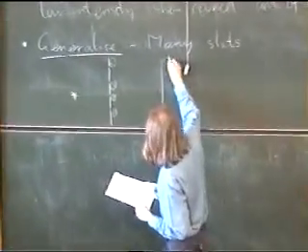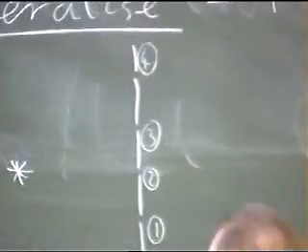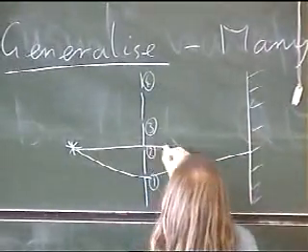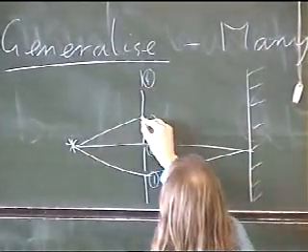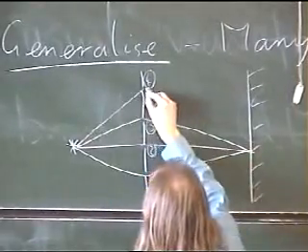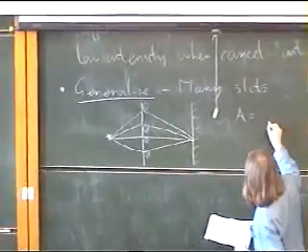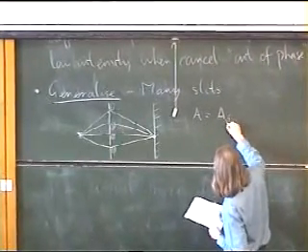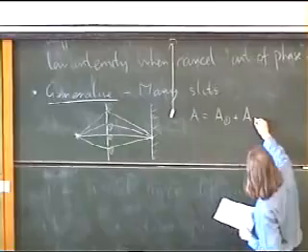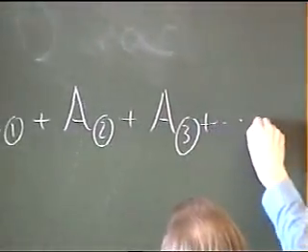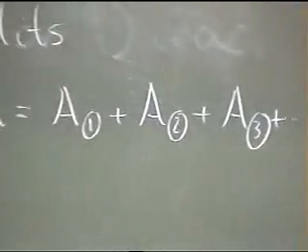And then it's our screen here, and of course you can go through there to here, through there to here. Okay, so obviously the total amplitude then we get by just summing up all the different amplitudes for however many slits we have.